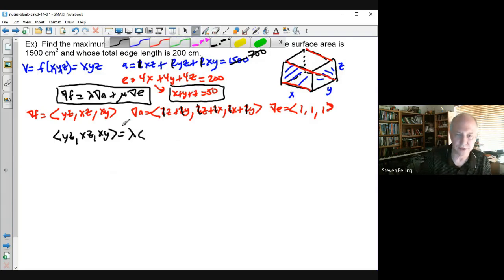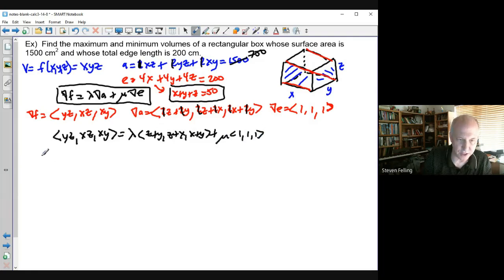Okay, so actually this is then z plus y, z plus x, x plus y, plus mu times 1, 1, 1. And that means that for our system, we have yz has to equal lambda times z plus y plus mu. Xz has to equal lambda times z plus x plus mu.